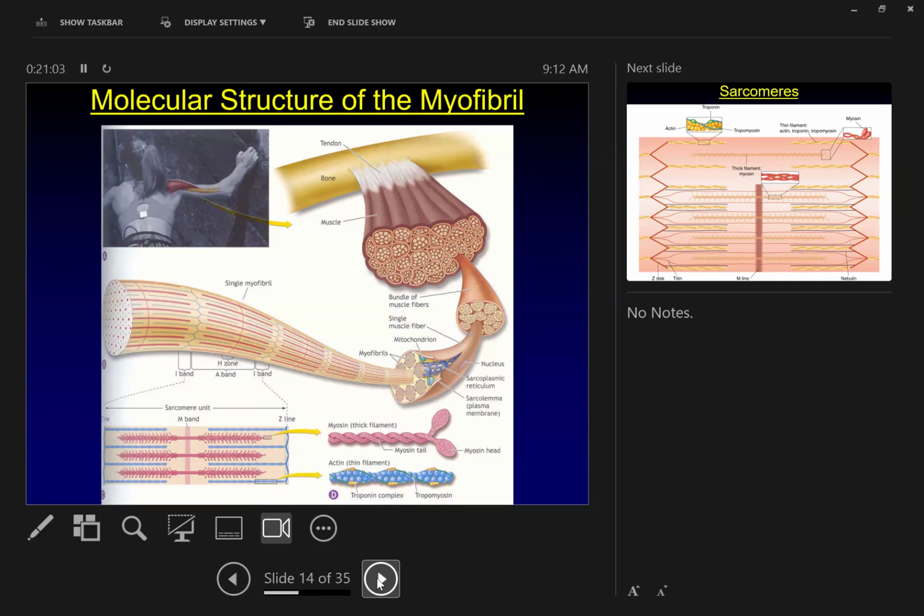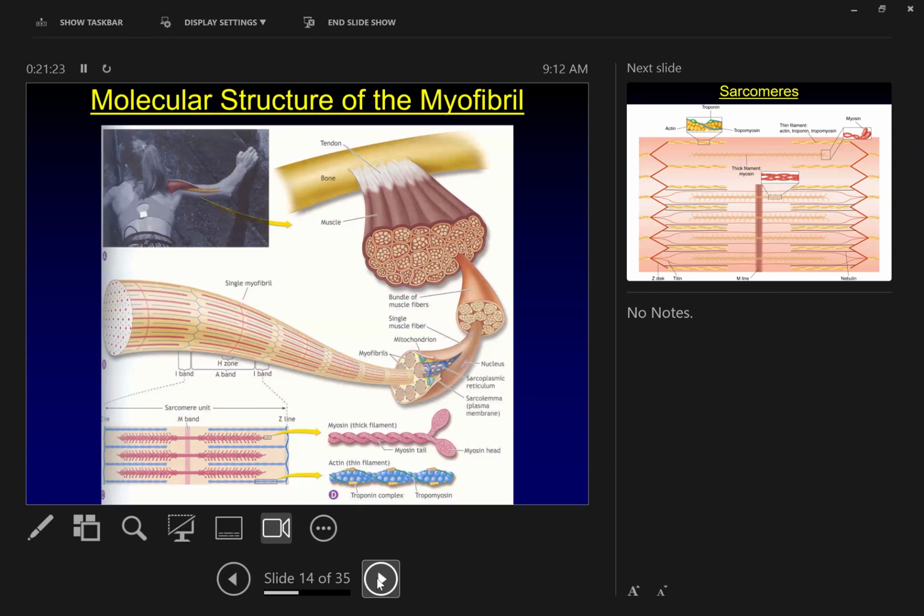Those actin and myosin proteins are going to be organized into a sarcomere, which looks like this, and then we're going to stack sarcomeres end to end to make a myofibril, and then we bundle up a bunch of myofibrils together inside of our muscle fiber. Okay.